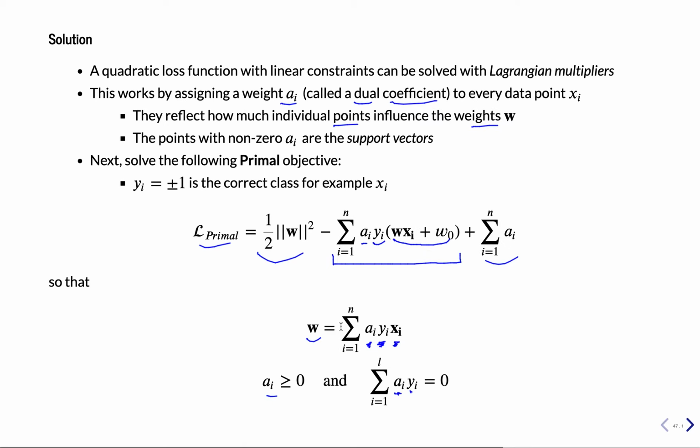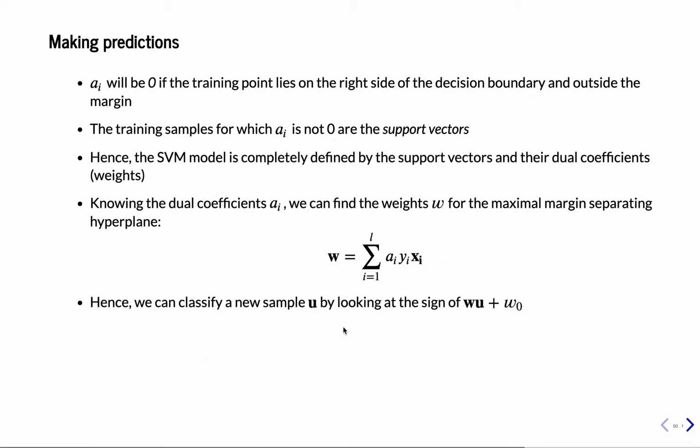It's this function here. And then if we have a new point u, we can just compute the dot product between w and u plus the bias. And then we can look at the sign. If this is positive, then we predict positive. If this is negative, we predict negative.